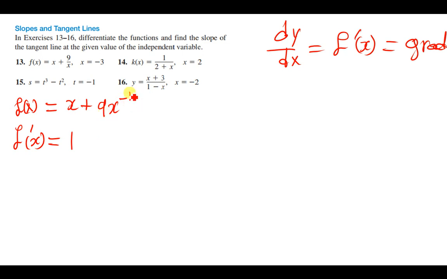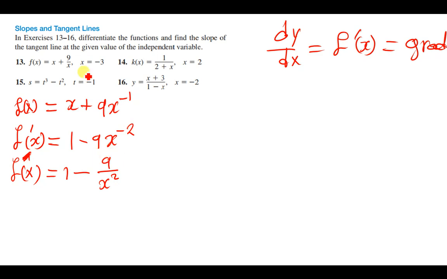Then when you differentiate the other part, negative 1 times positive 9 gives negative 9, and x to the power negative 1 minus 1 gives negative 2. So f prime of x is simply equal to 1 minus 9 over x squared. This is what you're going to have as the gradient function.